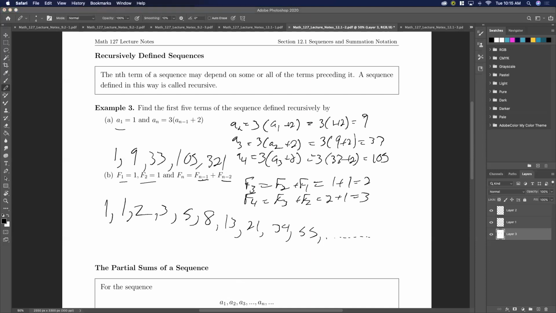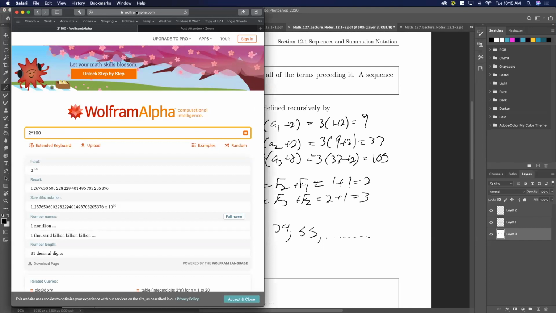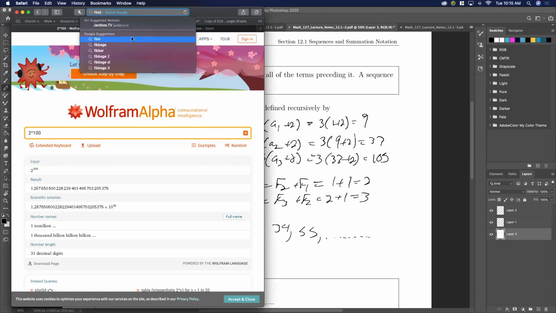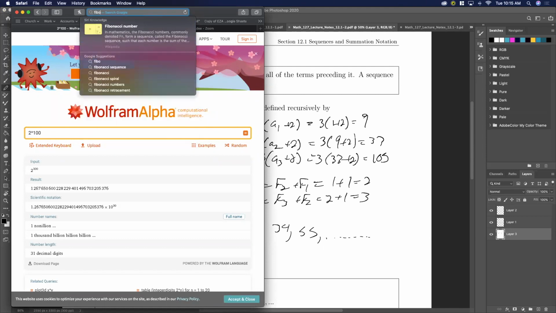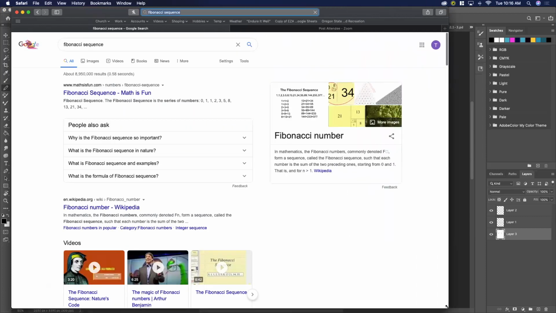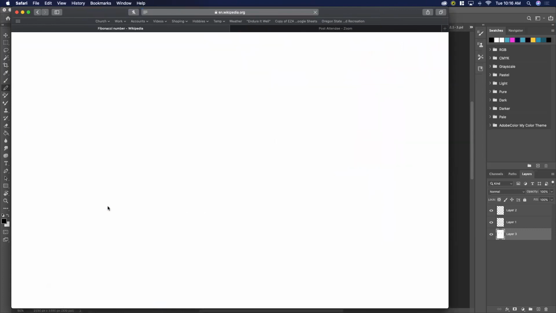Isn't it fun math? Here you just type in Fibonacci numbers, and watch a whole bunch of fun things on it. The math is fun. Let's just look at Wikipedia for a hot second.